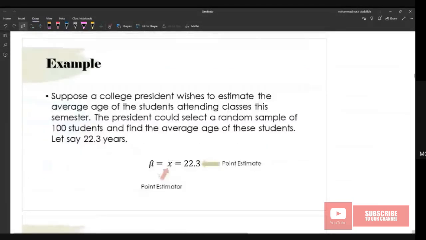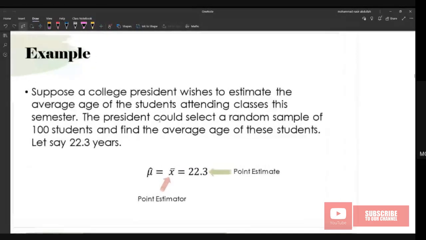For an example, again I just emphasize the difference between point estimator and point estimate. Suppose a college president wishes to estimate the average age of the students attending class this semester.